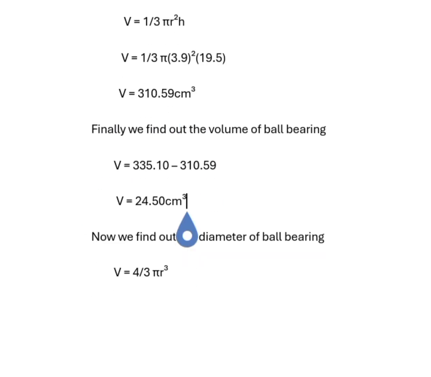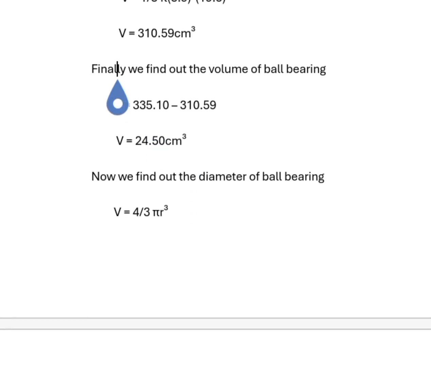So 335.10 minus 310.59 is equal to 24.50 centimeter cube. This is the volume of the ball bearing.